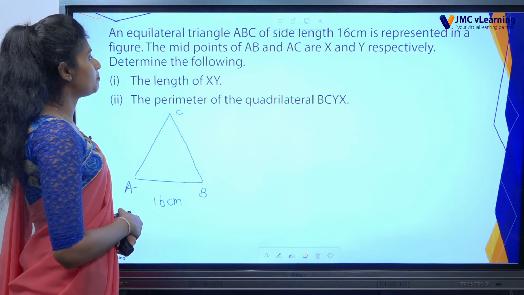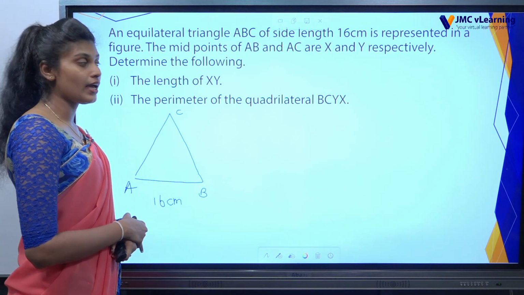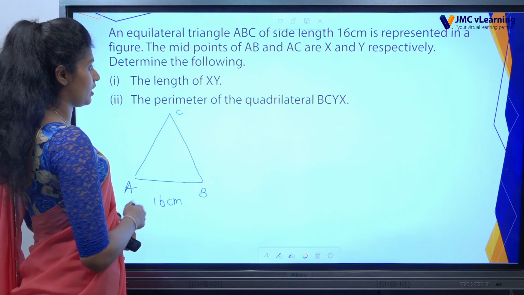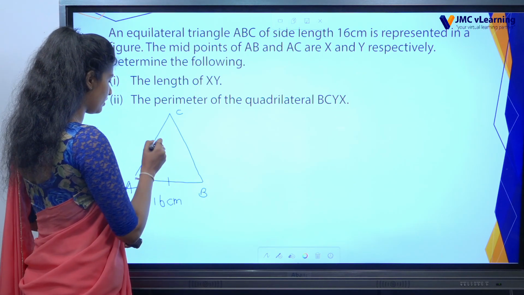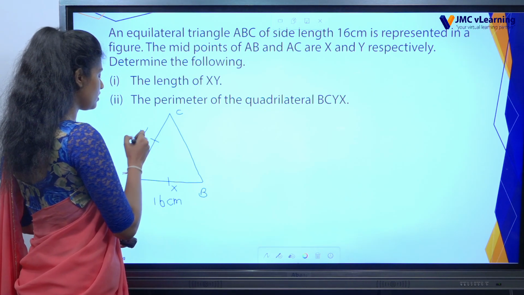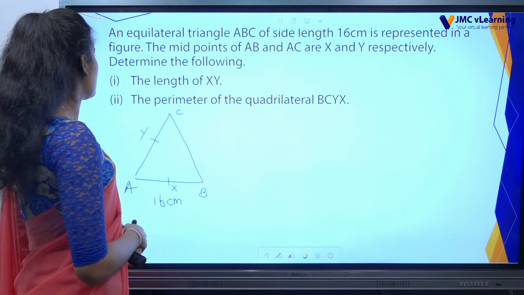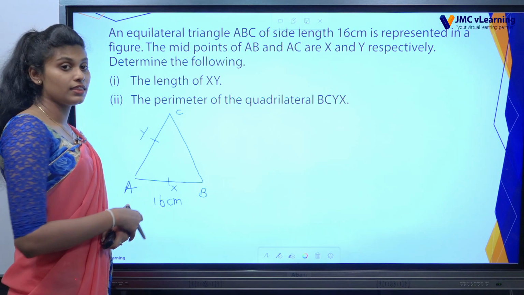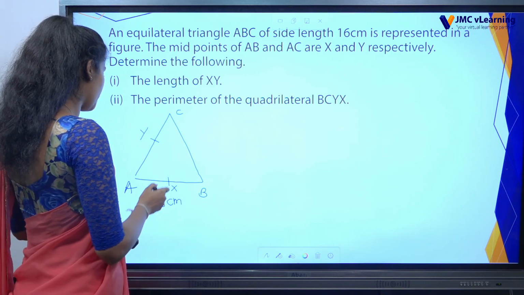Then the midpoints of AB and AC are X and Y. They are telling the midpoints of AB and AC are X and Y. Determine the following. We have to find the length of XY.